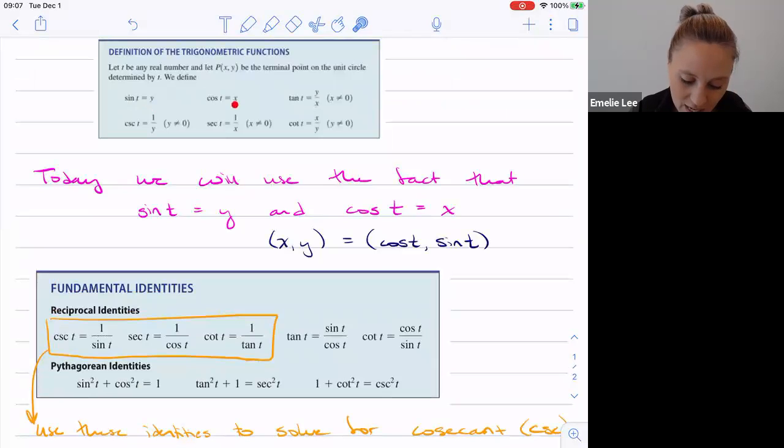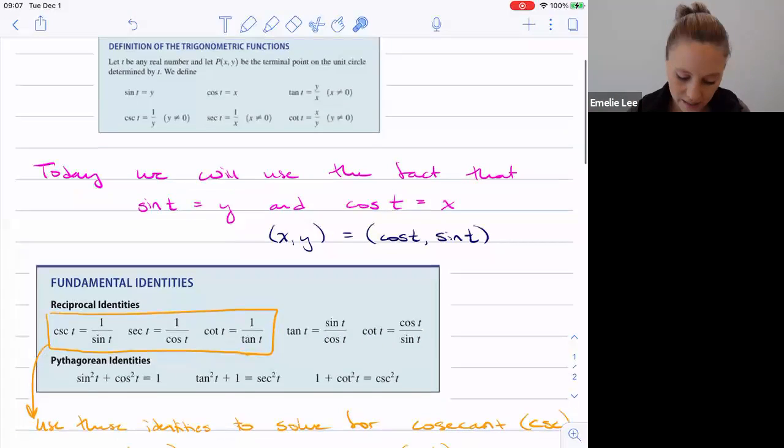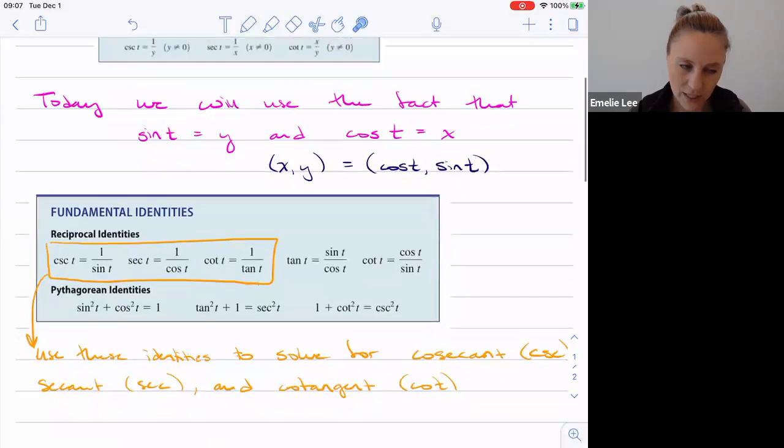If y is sine and x is cosine, then of course y over x is sine over cosine. We can do a little switcheroo here, right? So then the cotangent, which is x over y, we just reverse. So then we have cos over sine. All of these reciprocal identities come from the top here, so they're definitely related. We've just swapped out x's and y's for cosine and sine.